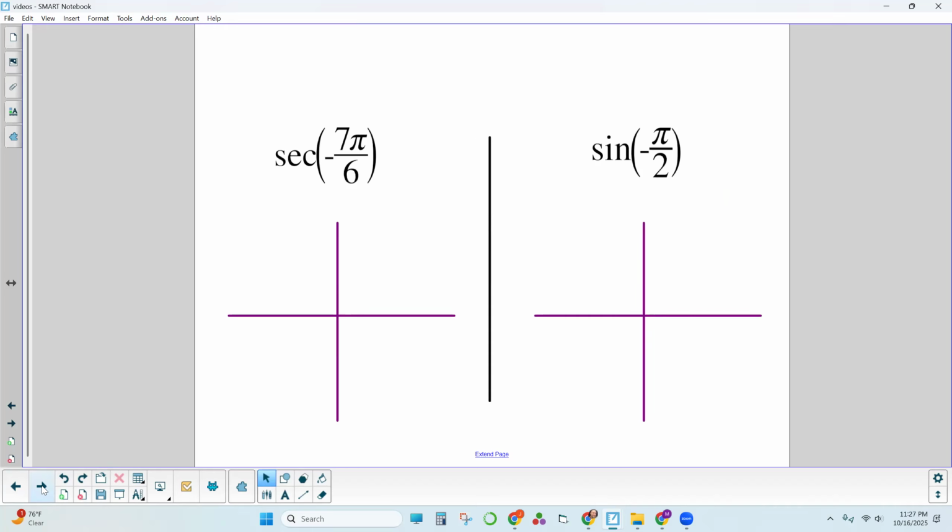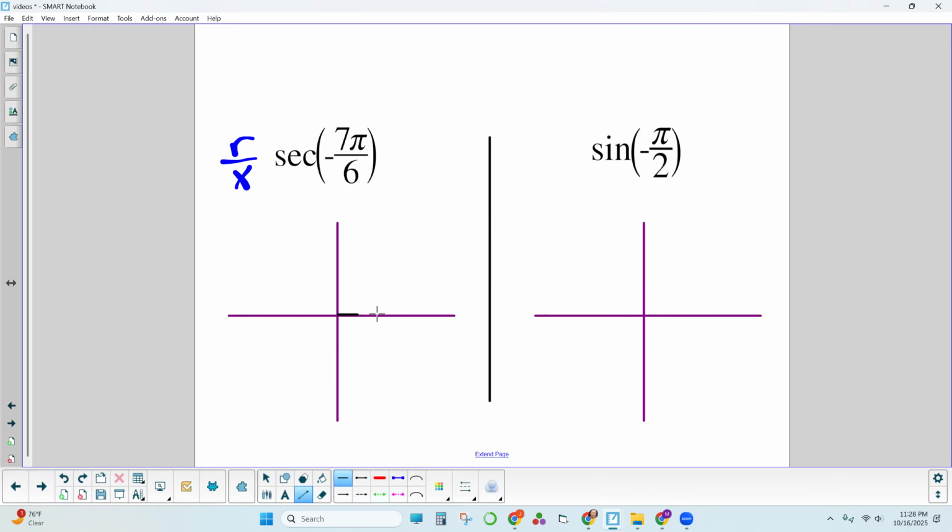So let's look at some examples. First, what is secant at negative 7 pi over 6? First and foremost, you need to know your trig ratios. Secant is r over x. Let's look at negative 7 pi over 6.